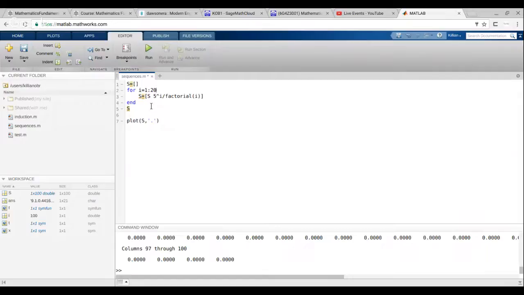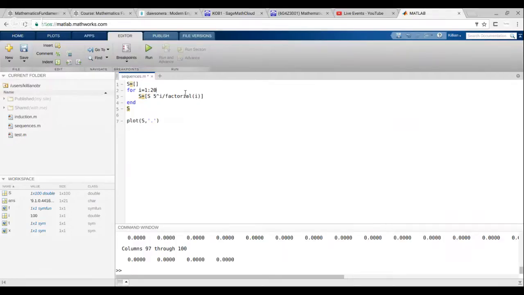So that means I'm going to take the list s, make it equal to itself, but stick on an extra element. And the extra element is described here. It's the next term in the sequence, so it's 5 to the power I divided by factorial I, with I being used as the index here instead of n.